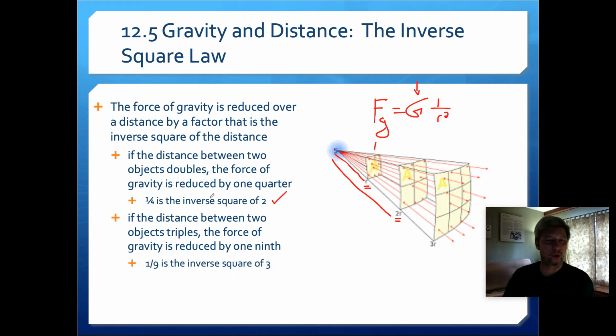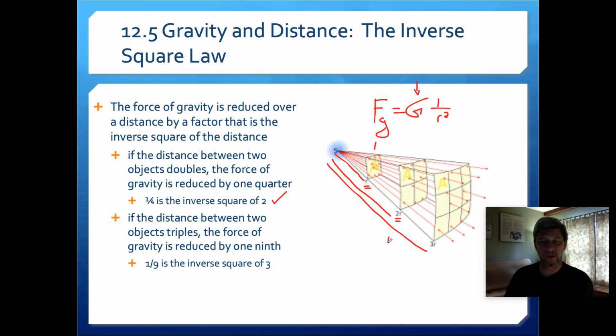1/4 is the inverse square of 2. So if I double the distance, I cut the force by a quarter. Now what happens if I triple the distance? If the distance is now 3 times as long, I plug in 3r here.